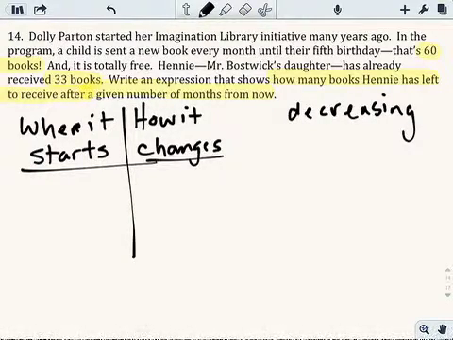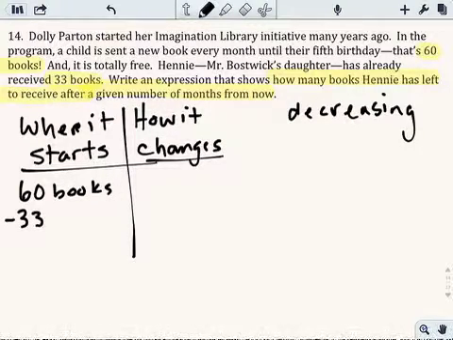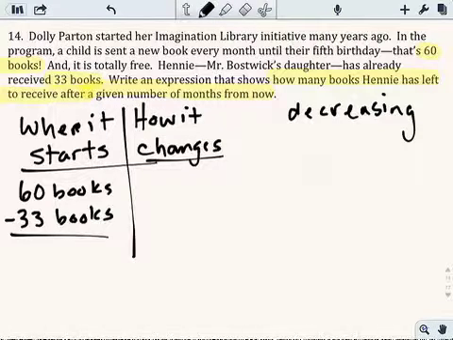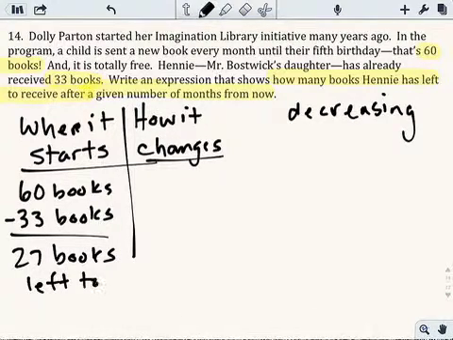So if I take 60 books minus 33 books, I'm going to do my calculation here so I don't make a mental mistake, that's 27 books left to go.